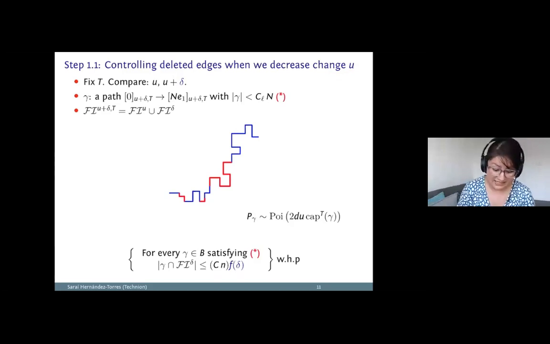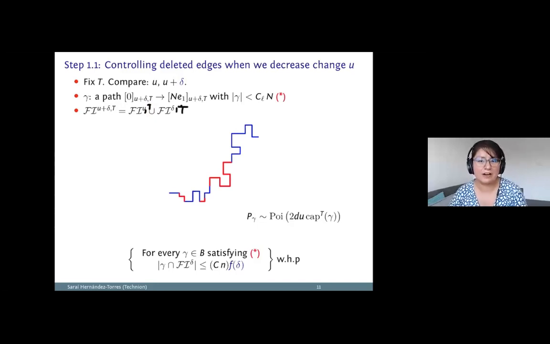And moreover, since it comes from a Poisson point process, we have this equality in distribution that our finitary random interlacement at level U plus delta, T is equal in distribution to one finitary random interlacement at level U, T union one finitary random interlacement at level delta, T.